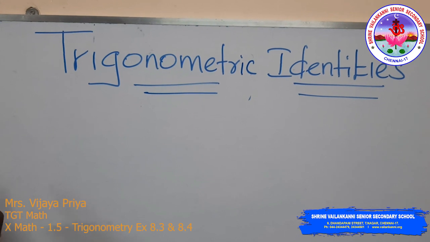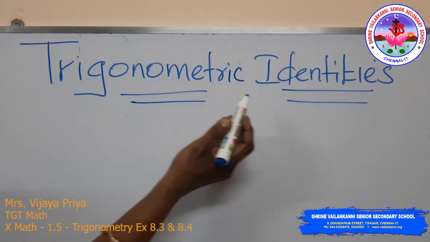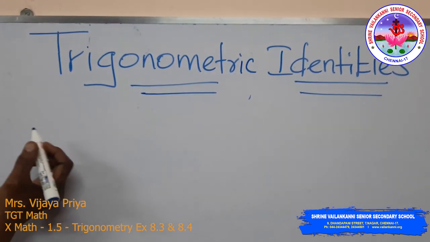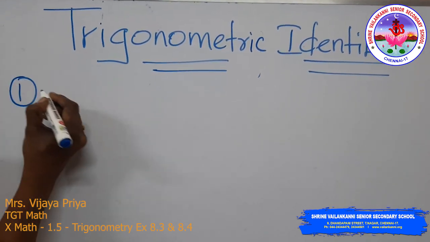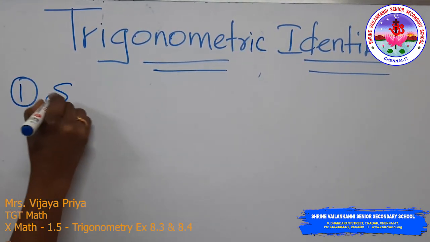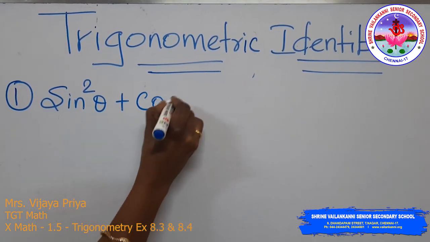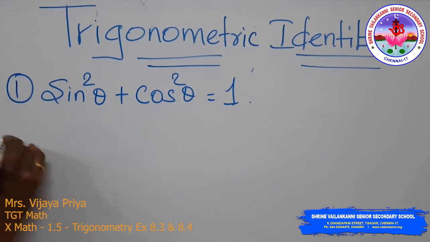Now, we are going to see the topic trigonometric identities. Here you have three identities for the trigonometric functions. The first identity: sine square theta plus cos square theta is equal to 1.